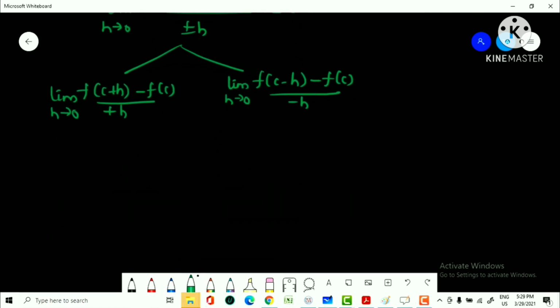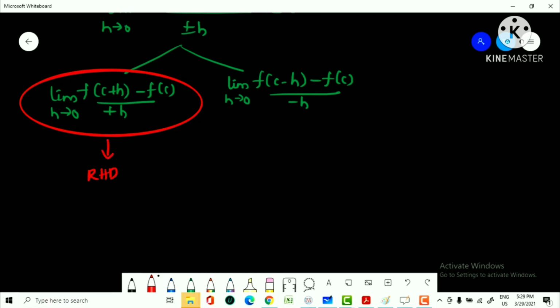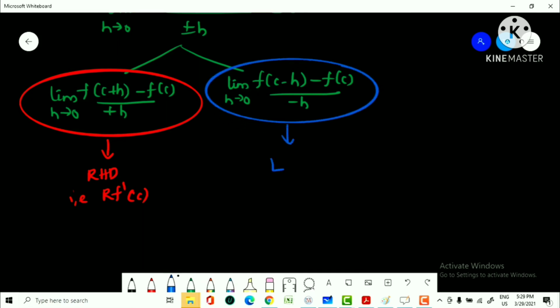Now we know this is the definition of right hand derivative, that is R f dash of c, and this is the definition of left hand derivative, that is L f dash of c.